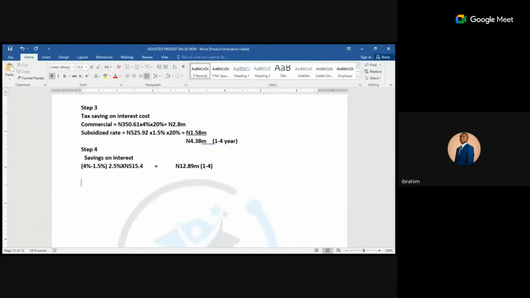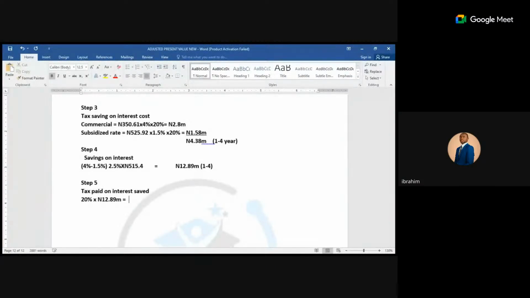Now, step 5. What is step 5, class? Tax paid on interest saved. Meaning that you've saved this, you have to pay tax. So tax is 20% of 12.89.